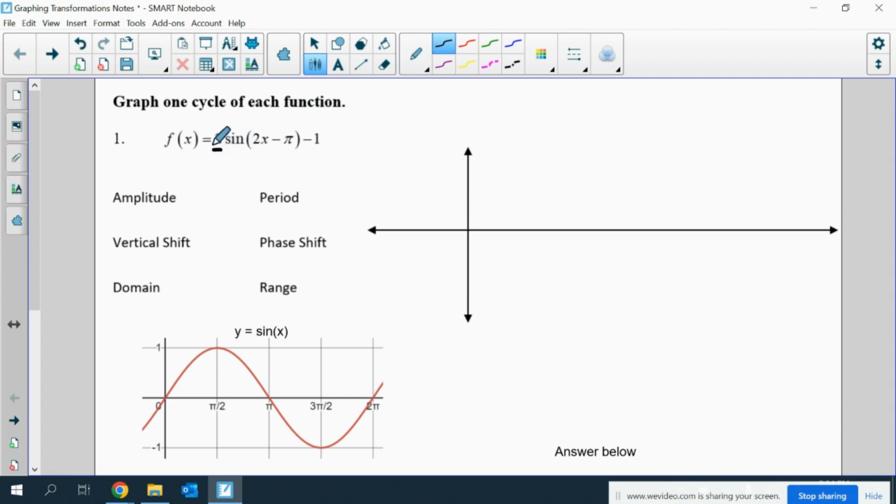The amplitude is typically the a value, so that's 2 in this case. The vertical shift is down 1. The period of this function is going to be easier to discern, and the phase shift, if we factor out the 2.